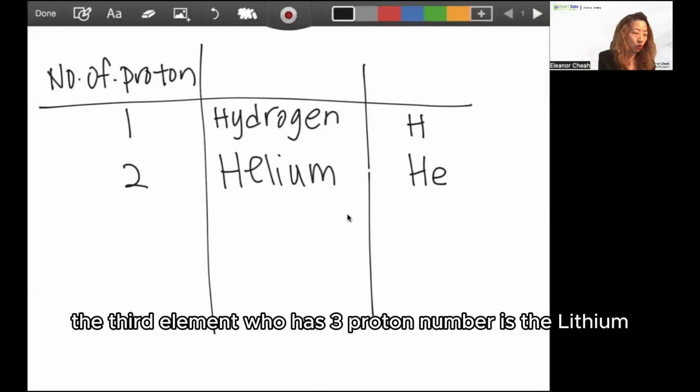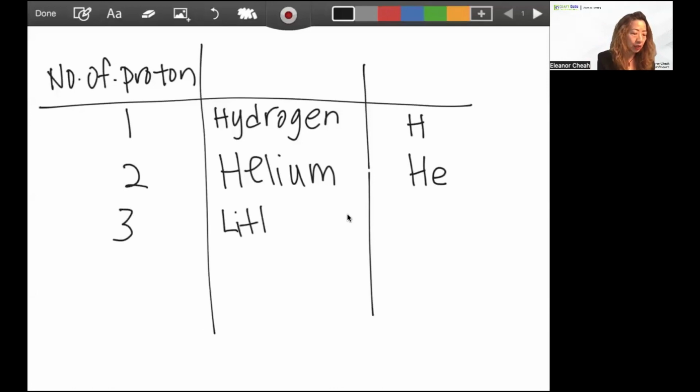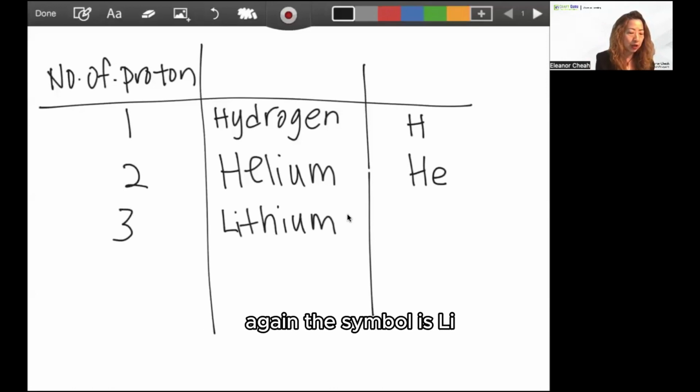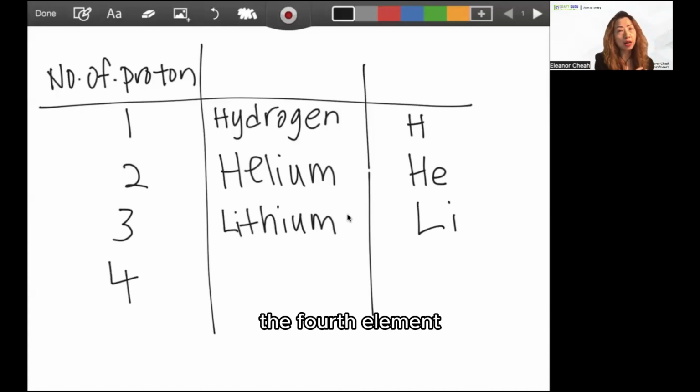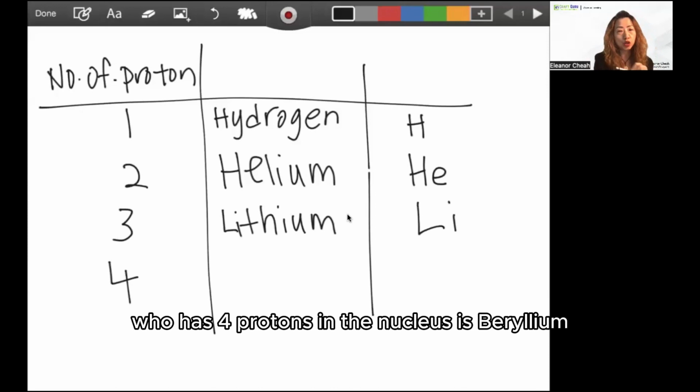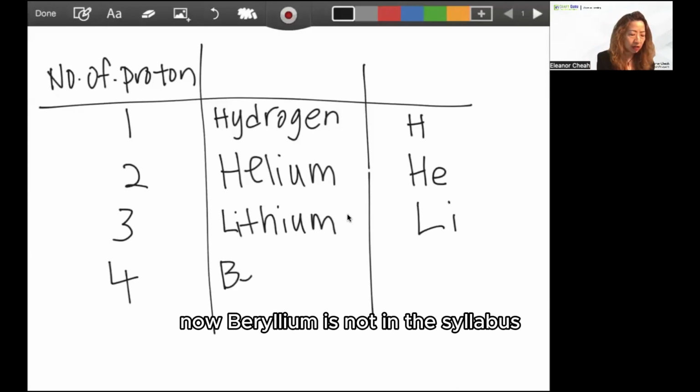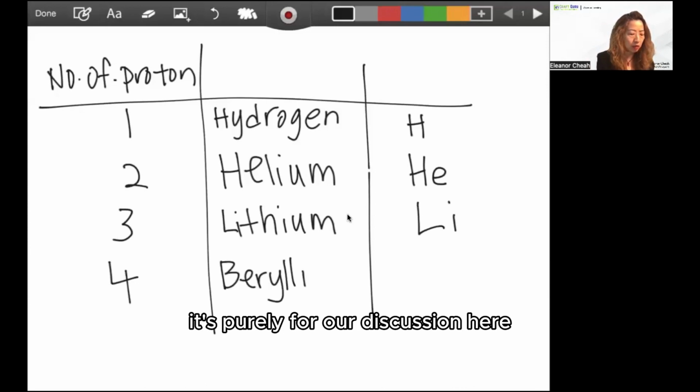The third element which has 3 protons is lithium. Again, the symbol is Li. The fourth element which has 4 protons in the nucleus is beryllium. Now, beryllium is not in the syllabus. It's purely for our discussion here.